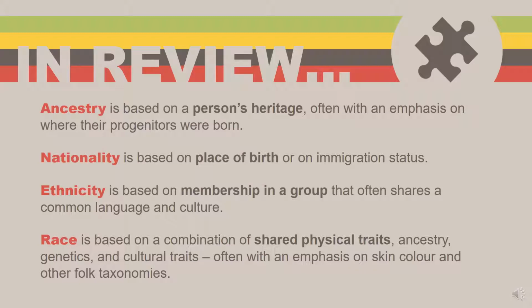So, in review, when we think about race and ethnicity, we really need to distinguish between race, ethnicity, ancestry, nationality, and other terms that are related to these, and pay closer attention to the way that these factors intersect with one another. On the slide now, you can see a few of our standard definitions distinguishing these factors.